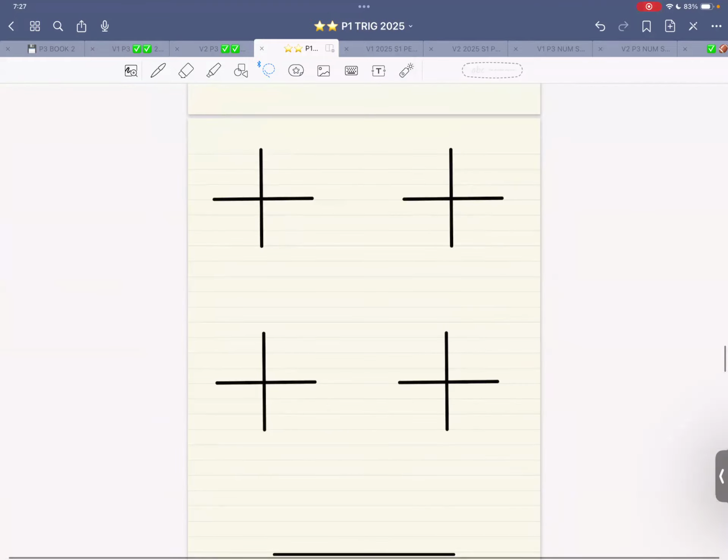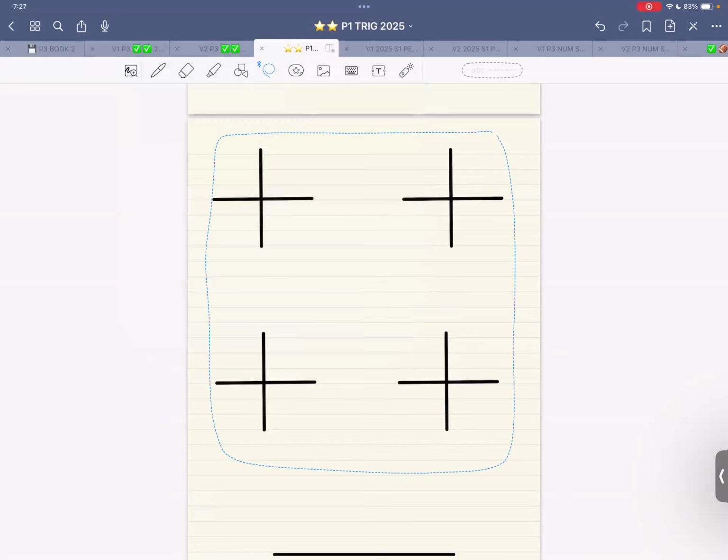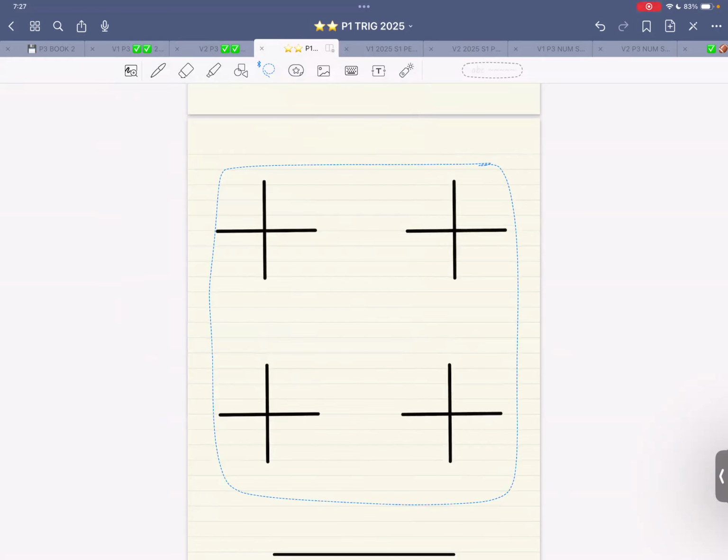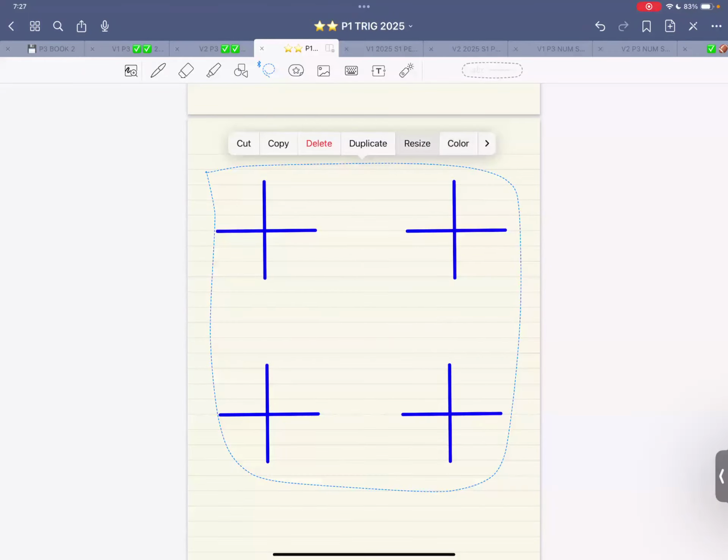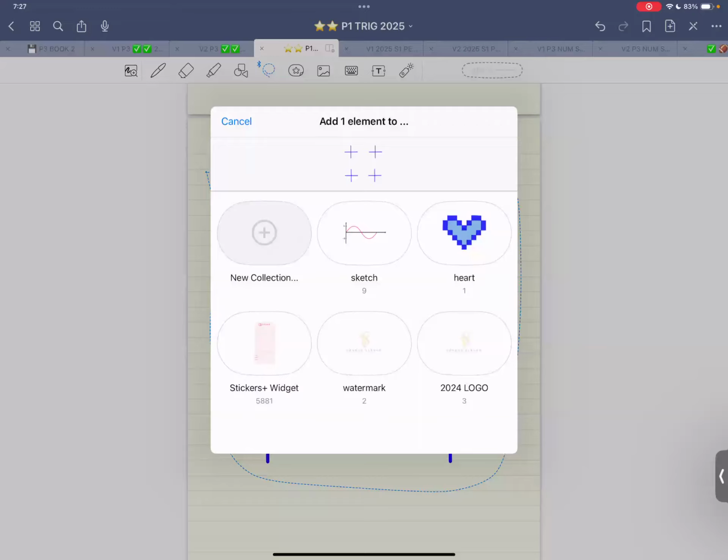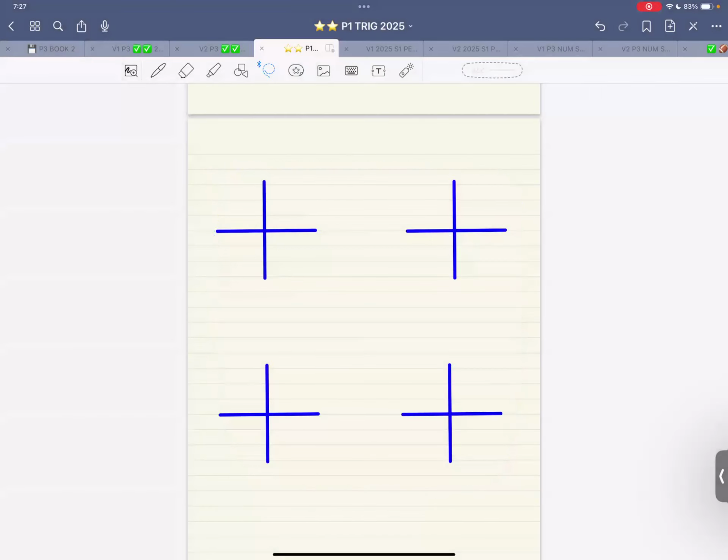Let me just recapture them. Change the color. Add element, sketch.